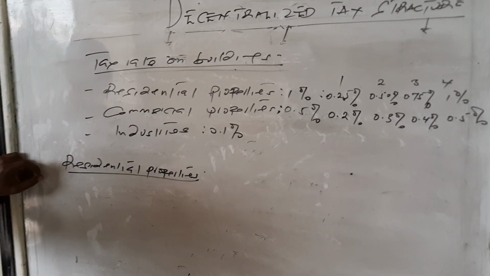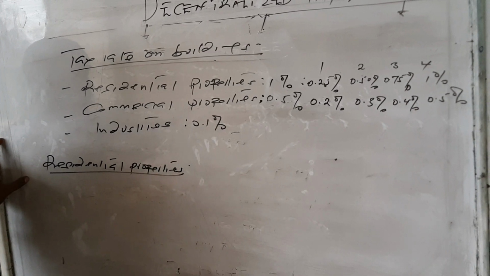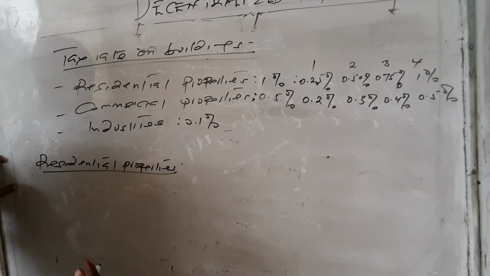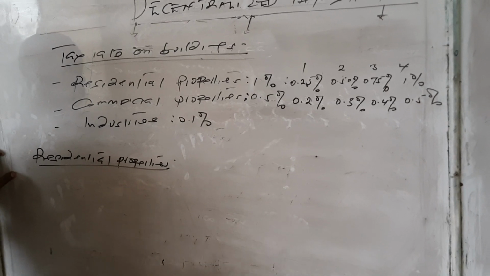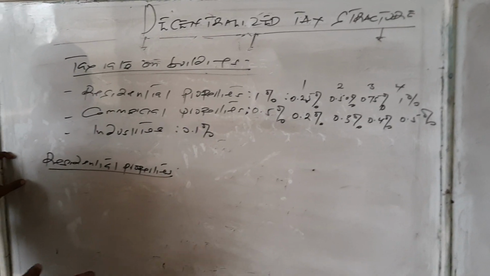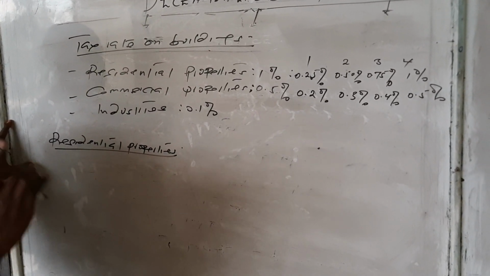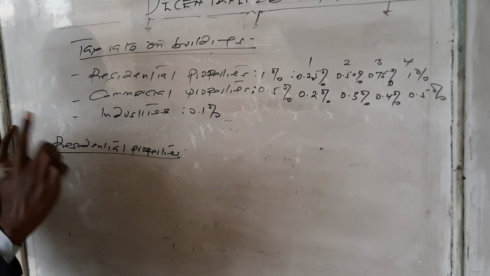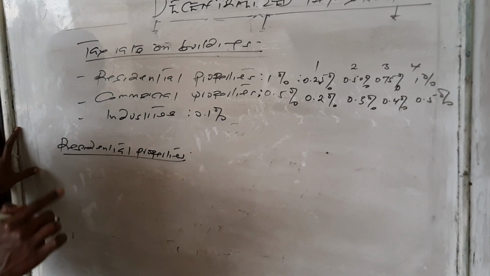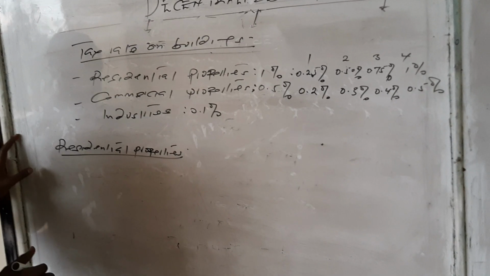A residential house which is occupied by the family is not taxed. Let's take an example. If you have a residential house with 4 floors, 3 floors will be charged tax, but 1 floor which is occupied by the owner is not charged the residential tax.